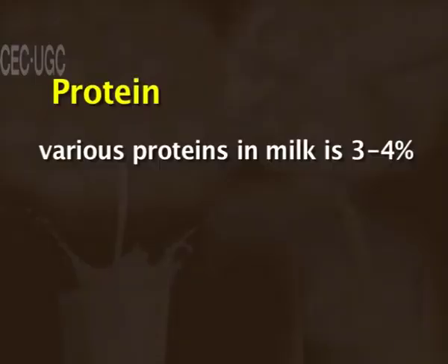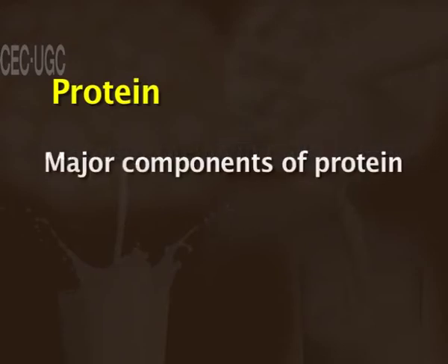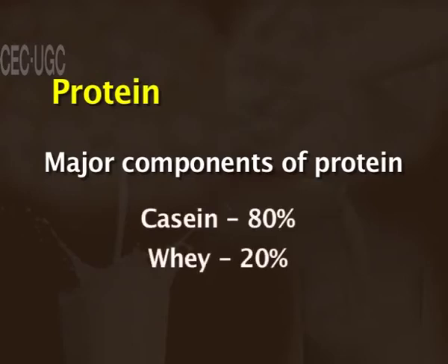Now coming to the protein part of the milk, it is about 3 to 4%. The protein is chiefly made up of two major components, which are casein and the whey proteins. Casein contributes to about 80% of the major proteins of the milk, and they are the solids.